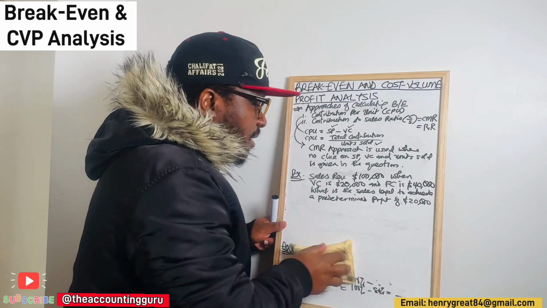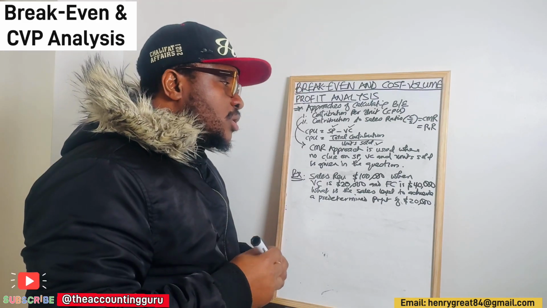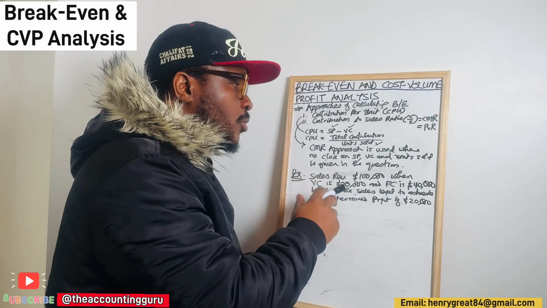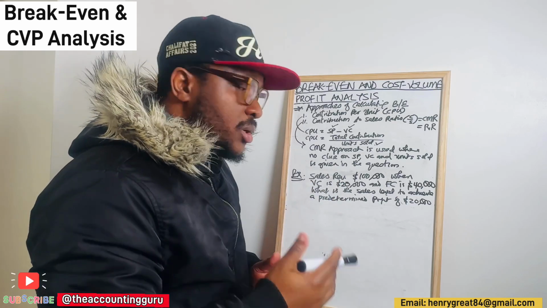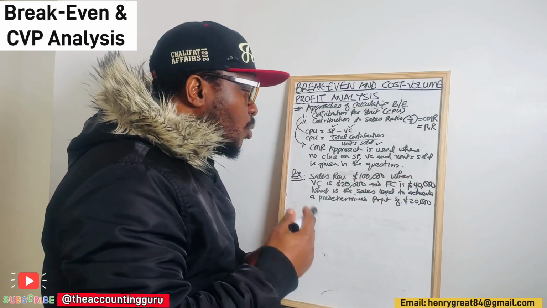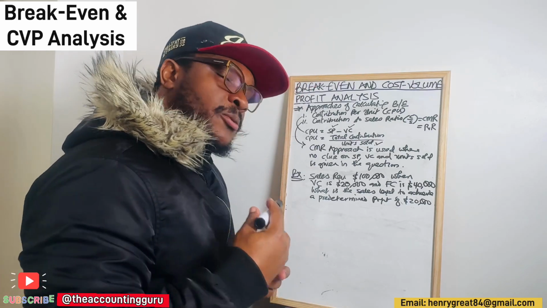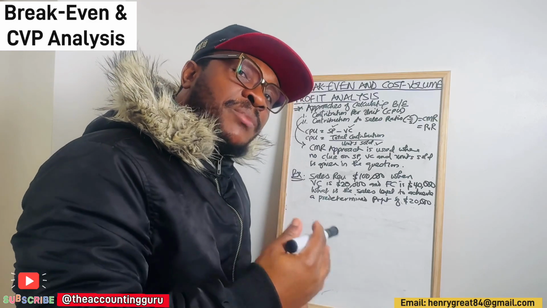In this question, the company is currently operating at a sales revenue of $100,000 when the variable cost is $20,000. The fixed cost is this. What will be the sales level to achieve a predetermined profit?